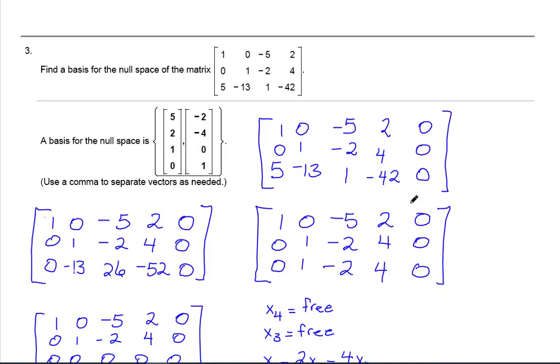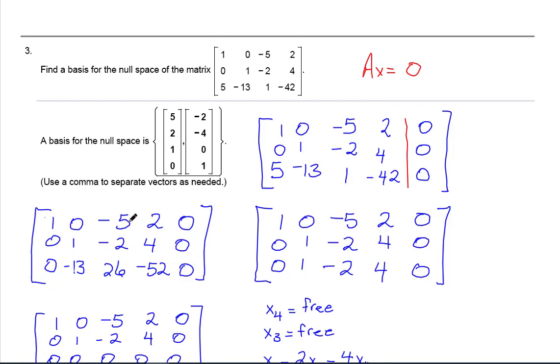All right, in question 3, we are given this particular matrix. We'd like to figure out, well, what is a basis for the null space of this matrix? All right, so I form the matrix. I'm trying to figure out what's going on if I look at Ax equals 0. All right, so we form that particular matrix.